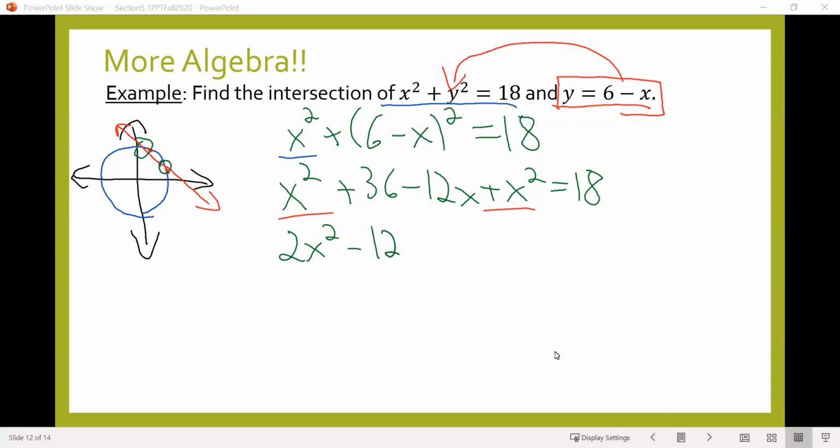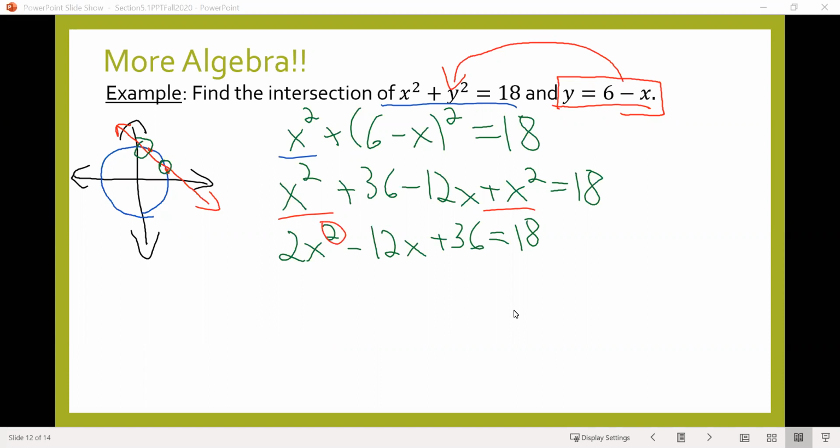Just the minus 12x there, and then the plus 36 equals 18. And now, even though this might look kind of complex still, notice we are in business to get some stuff done here. So first things first, notice that this equation is a quadratic, and we know that because the highest power of the variable is a 2.